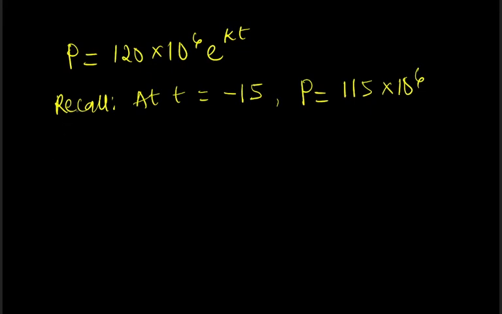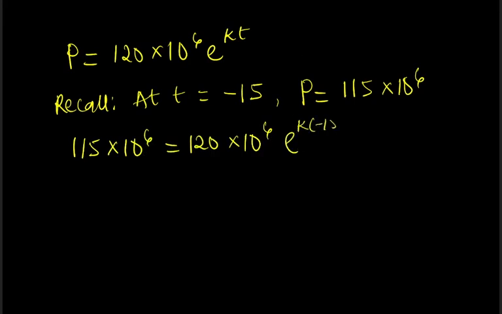So we are going to have that 115 times 10 to the power of 6 will be equal to 120 times 10 to the power of 6 exponent k times minus 15.